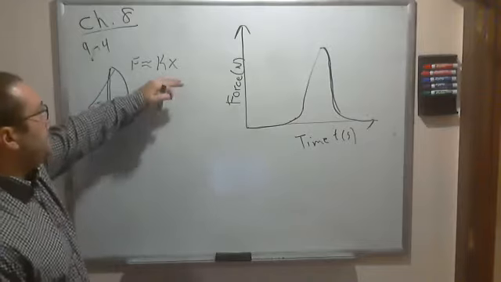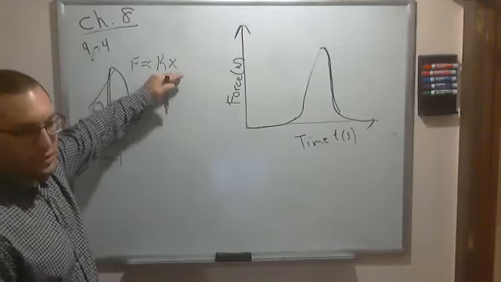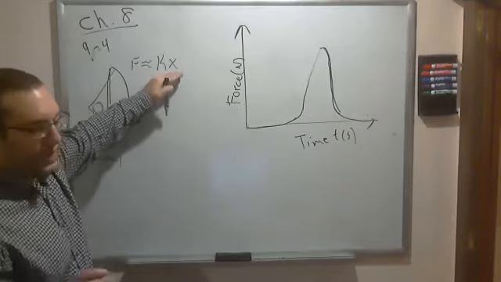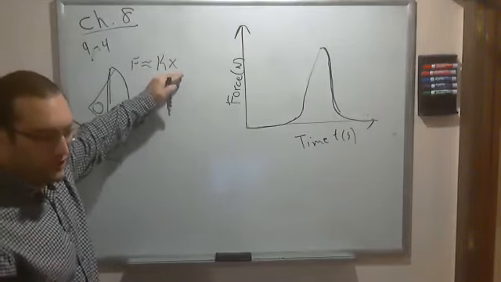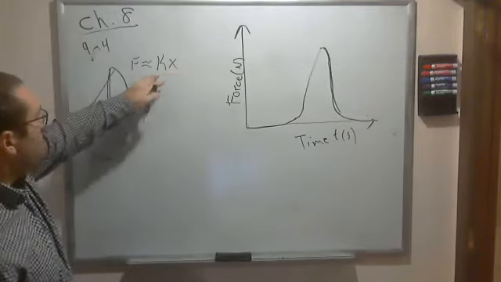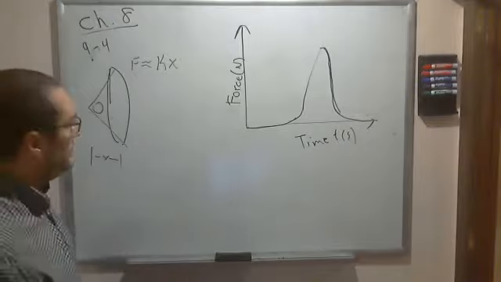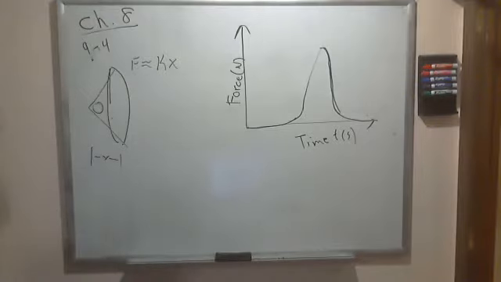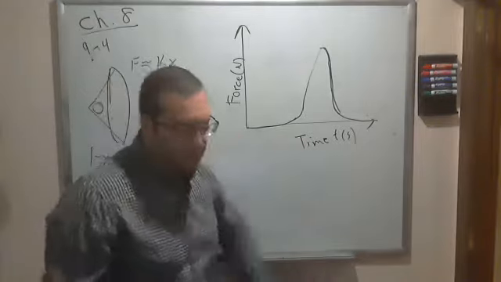A lot of these elastic collisions, and we'll go into the definition of elastic collision, will obey this law. It's an elastic force, and the force will look something like this.